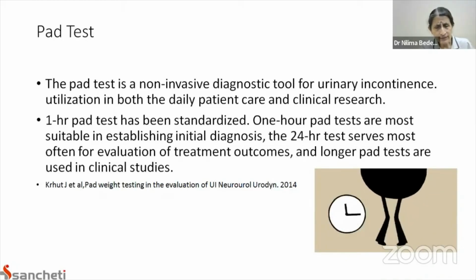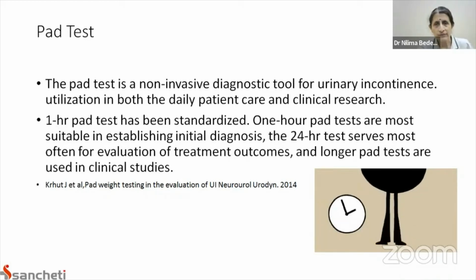In our clinical scenario, along with the details of the frequency volume charts and the type of pad the person is using, we can ask them to undergo a pad test. Normally, a 1 hour pad test can reveal many things. The pad is pre-wetted, the person puts it on, drinks as much water as she can, and sits for about 30 minutes.